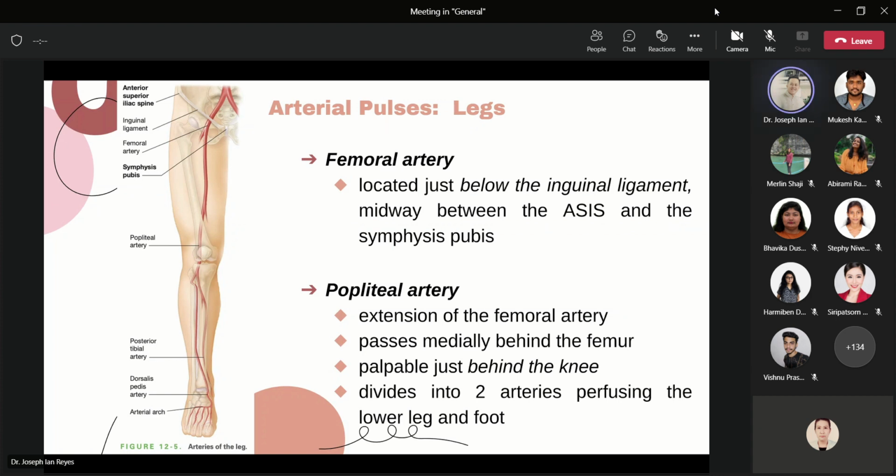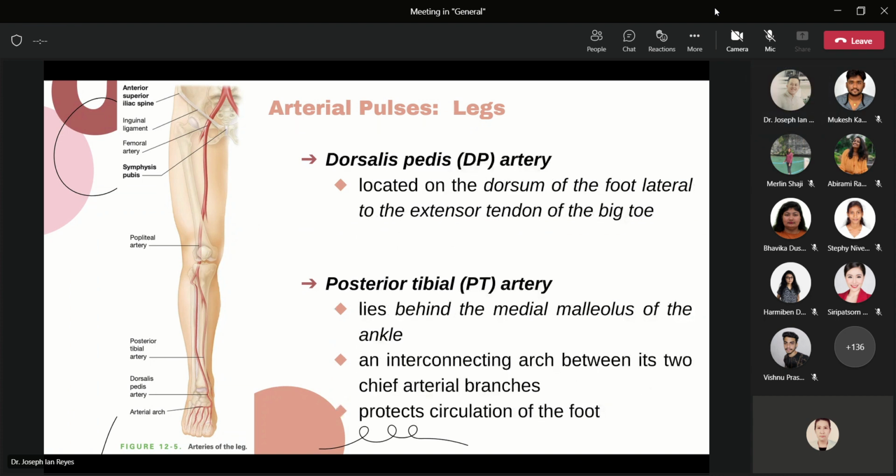The popliteal artery divides into two arteries perfusing the lower leg and foot. So this would be your dorsalis pedis artery, on the dorsum of the foot, just lateral to the extensor tendon of the big toe. Then you have your posterior tibial artery.